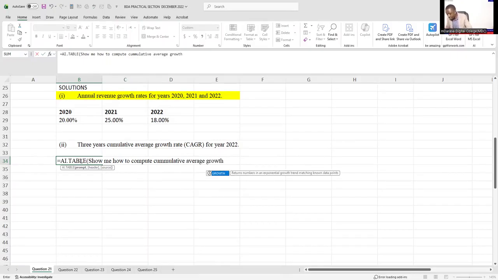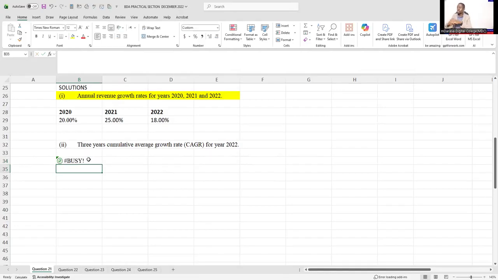See, we want to ask AI, assuming that I don't know anything about what is being asked, I'll just ask AI to show me how to go about computing cumulative average growth rate. I don't know, so I'm asking AI and see what it will give us.